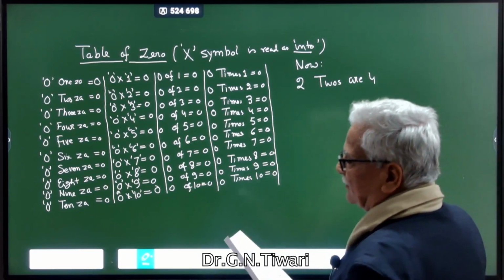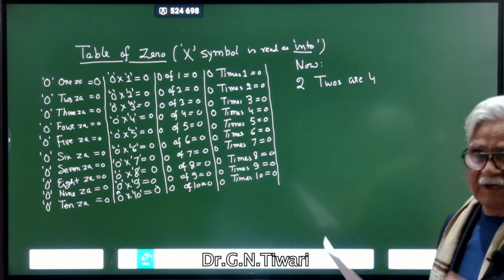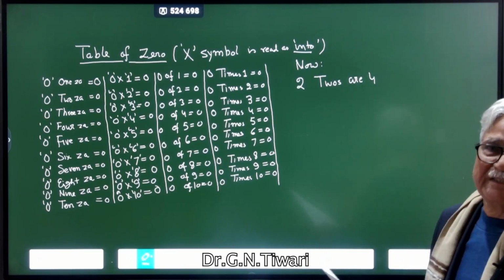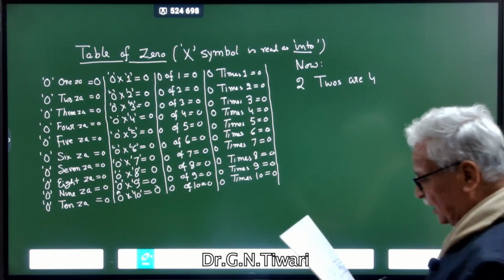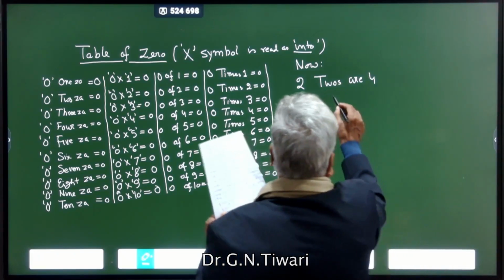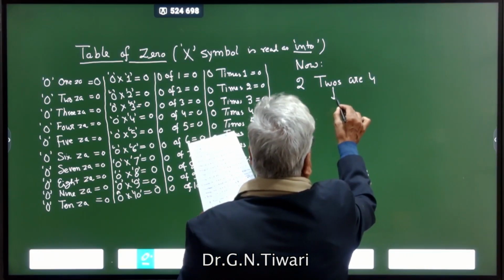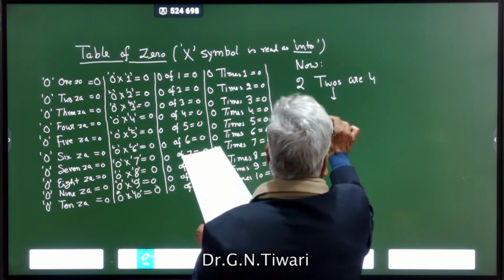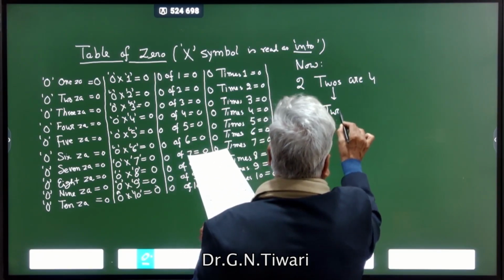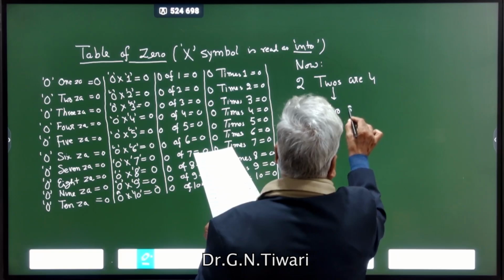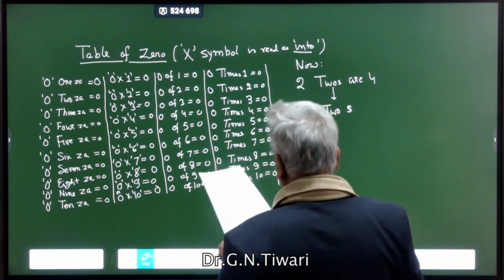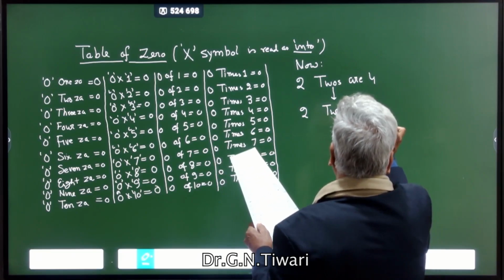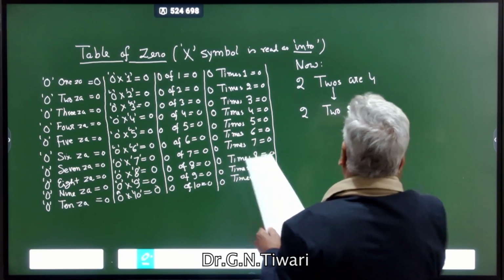But the British people ruled our country, so their way of speaking the alphabets is different from what we speak. So I have drawn another stage: 2 and separated 2 and S. This is the S, and R they pronounce as double A, 4.